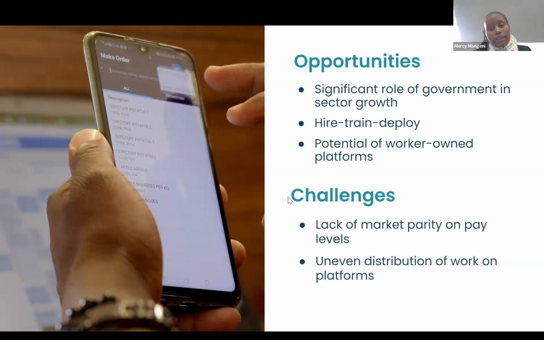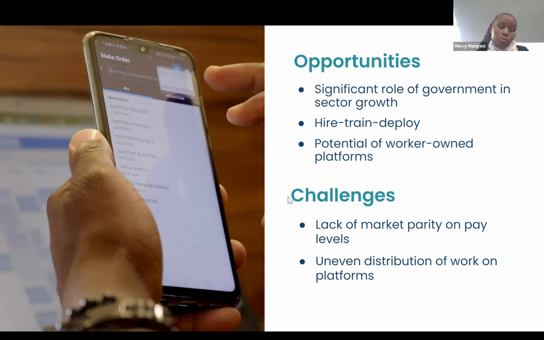To give you a good example, here in Kenya we have a program called Ajira Digital, which helps cultivate digital skills for youth and then match them to work opportunities. So we are increasingly seeing governments play a big role in this sector.